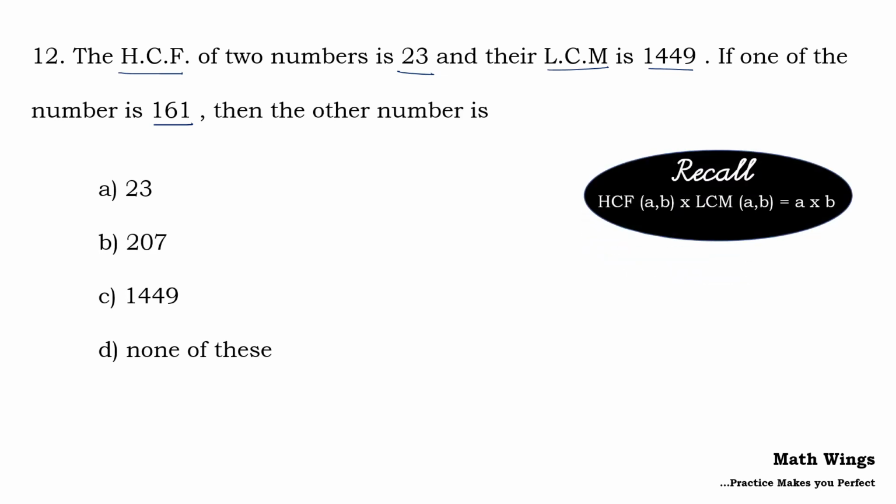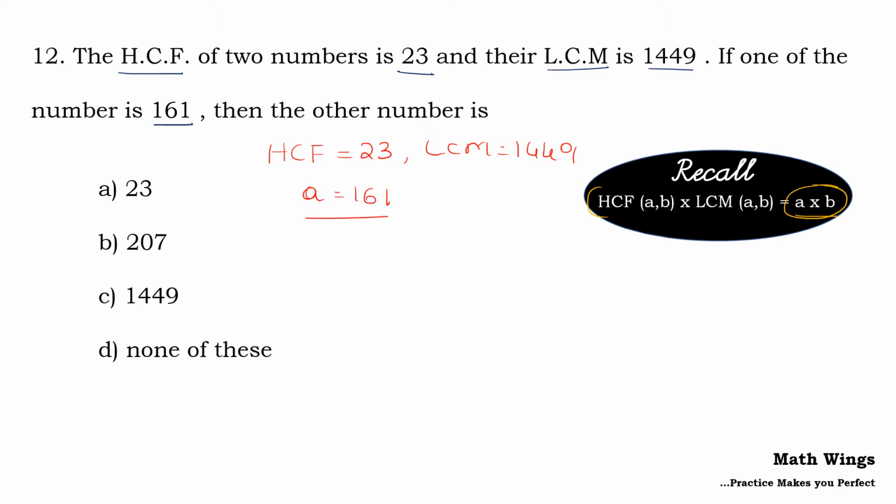The relation between HCF and LCM of two numbers and the two given numbers is: HCF of two numbers into LCM of two numbers is equal to the product of the two numbers. First let us list out what is given to us. We have HCF equal to 23, LCM equal to 1449, and out of two numbers, one number is given as 161.